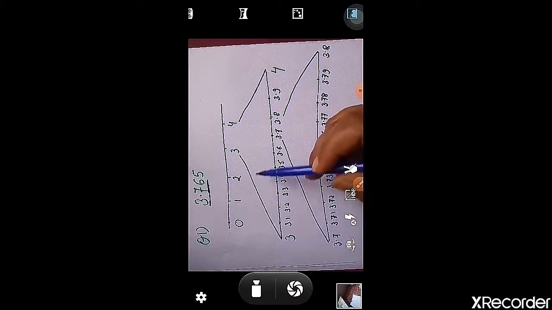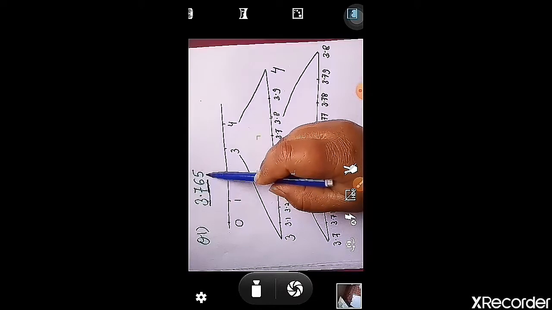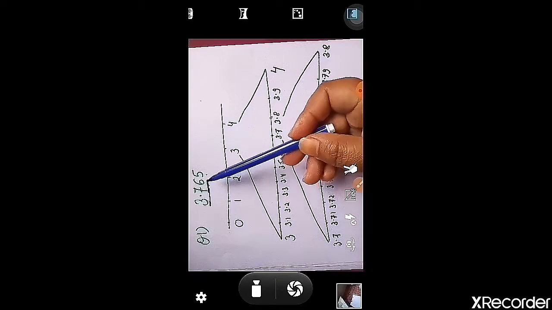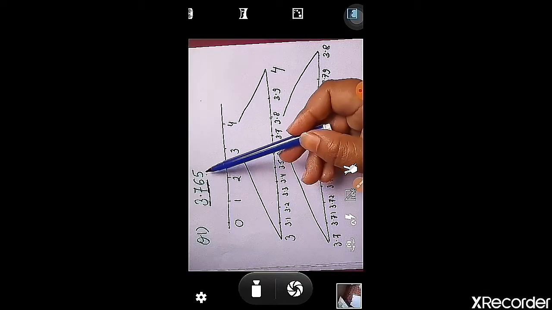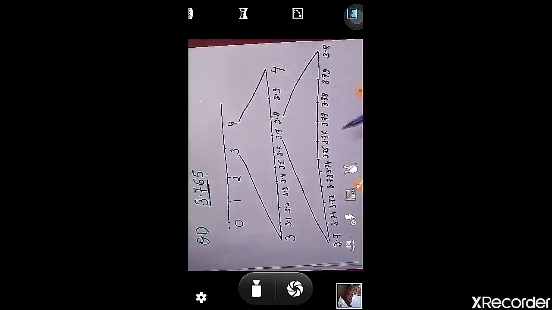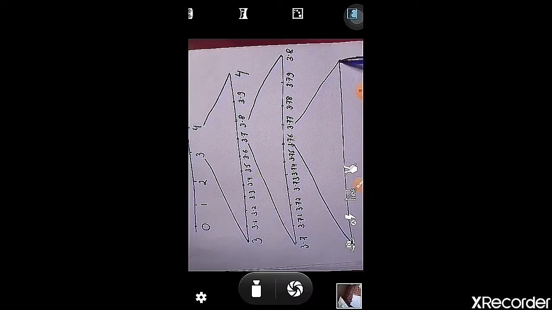Now you can see that we have to locate 3.765. This 65 will lie between 3.76 and 3.77. So again we will split it into 10 equal parts like this.